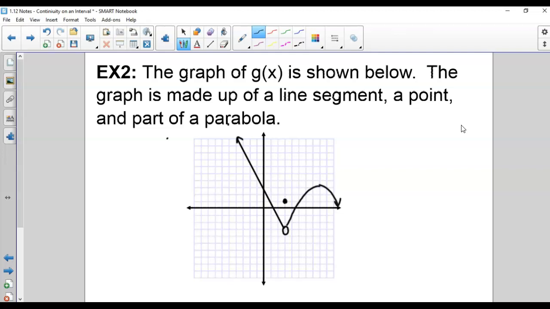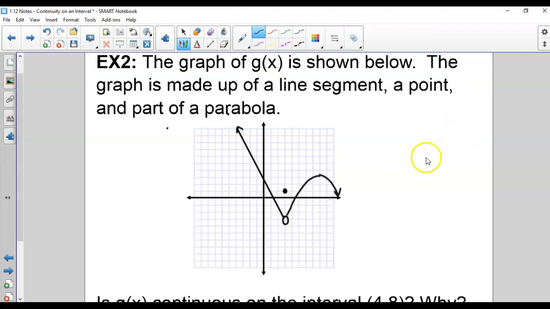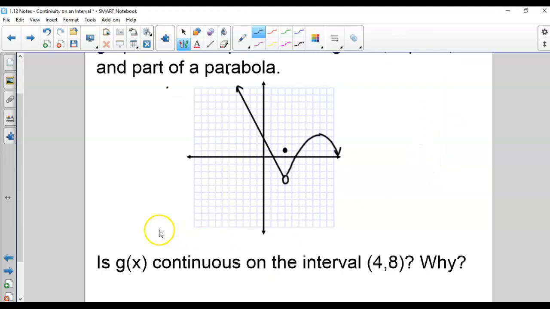Alright, so we have this graph here below. The graph is made up of a line segment, a point, and part of a parabola. Is g of x continuous on the interval from 4 to 8? As we look at this graph, we are only looking from 4 to 8.